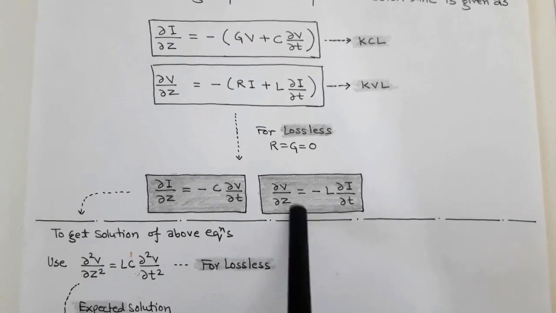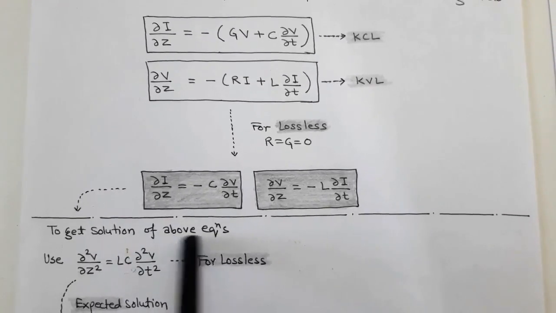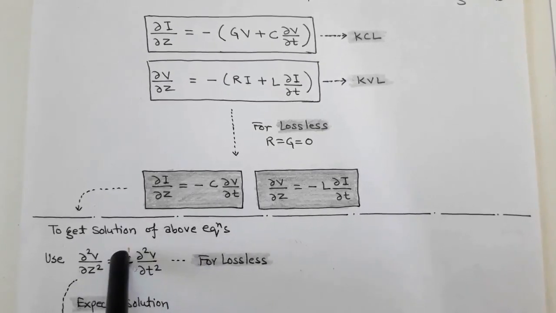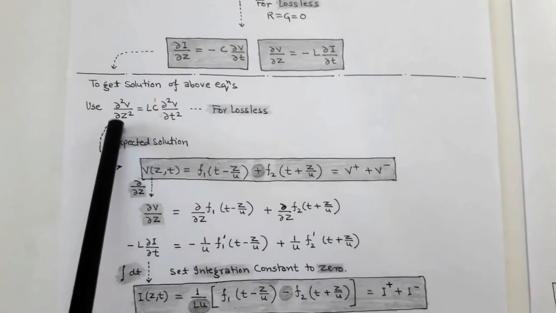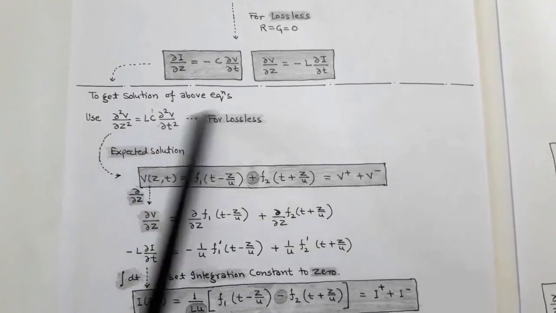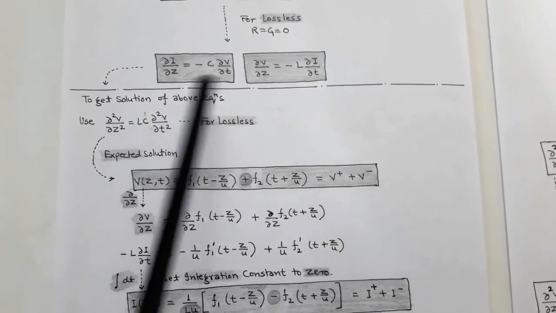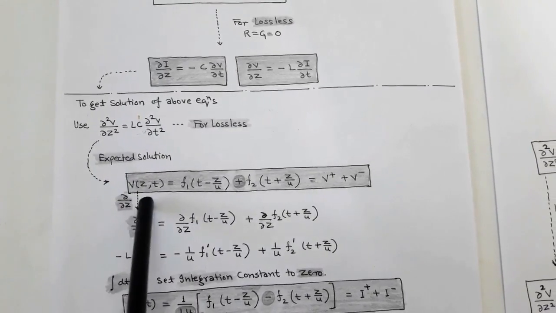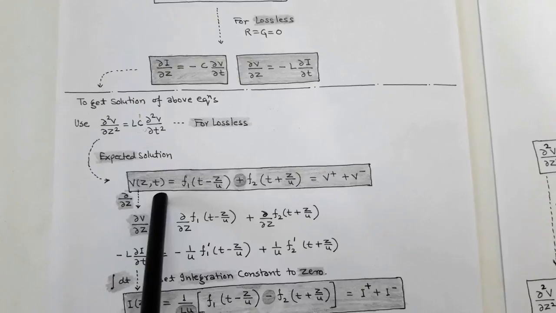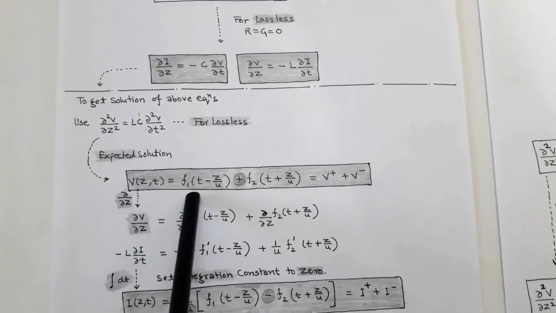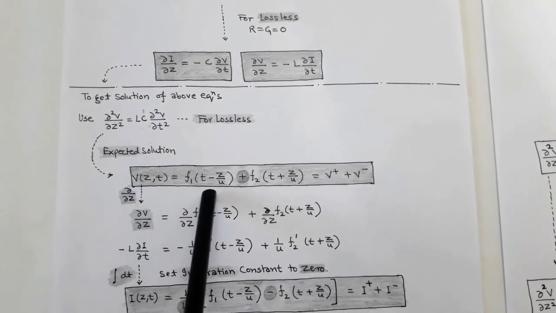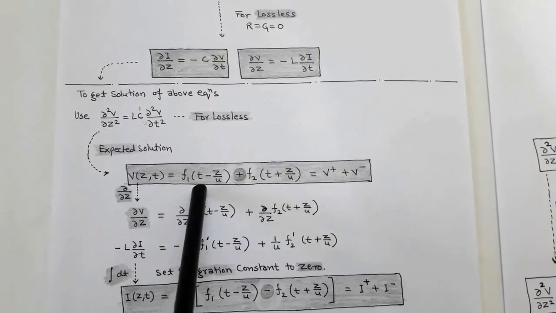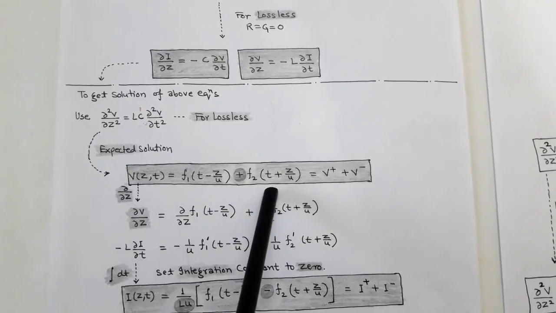To get the solution of these two equations, the voltage equation and the current equation, we use a second order equation for lossless propagation. And we know that in a second order equation the expected solution is V(Z,T), having two functions, f1 and f2. f1 is called the forward function and f2 is called the backward function.